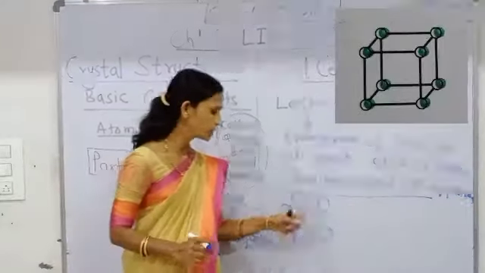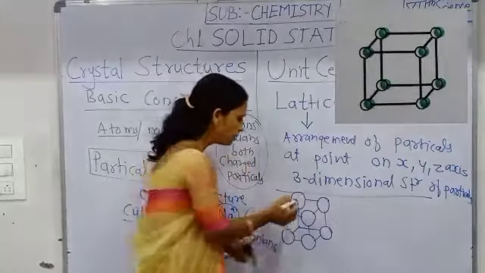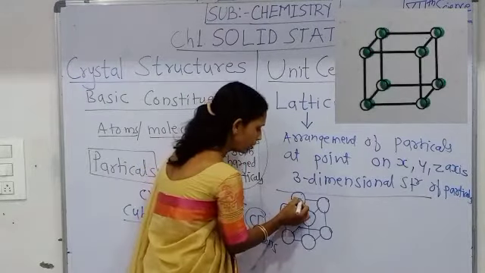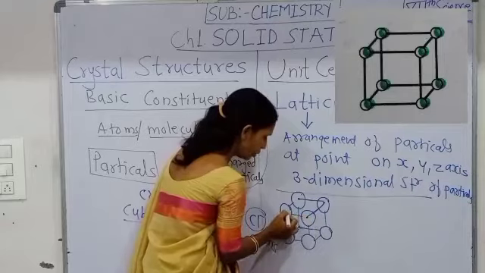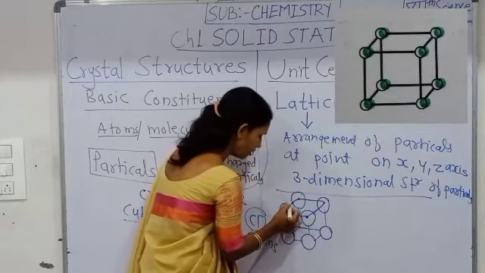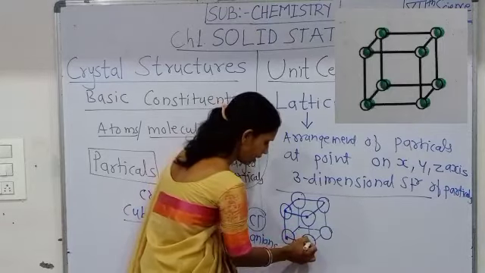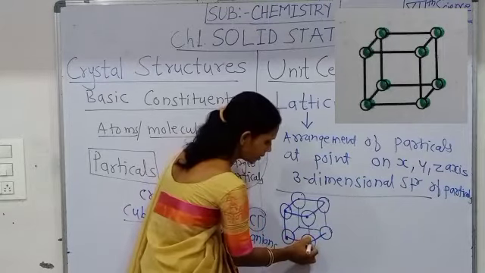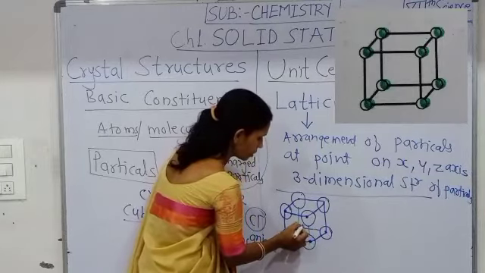That cubic structure is obtained by joining the centers of those particles arranged in the crystal structure, and that is the type of the crystalline structure.